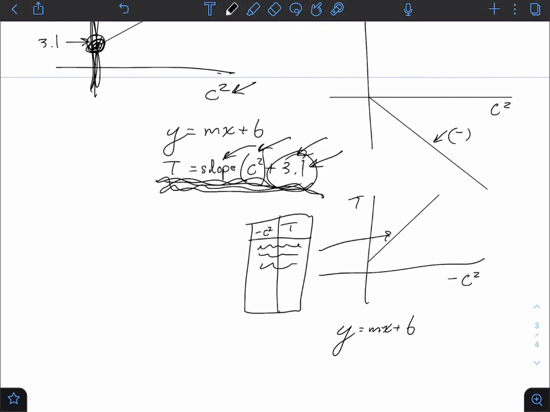So, period is equal to slope times negative c squared, and really we can bring that negative out to the front, plus whatever this y-intercept is, which I'm just going to leave as b.